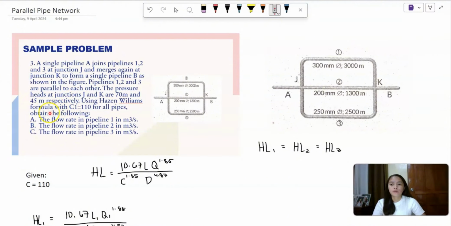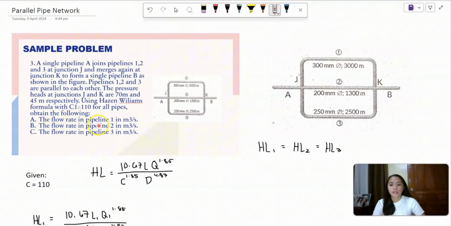So using Hazen-Williams formula, with C1 equals to 110 for all pipes, obtain the following. We need first to get the flow rate in pipeline 1, second the flow rate in pipeline 2, and lastly the flow rate in pipeline 3 in cubic meter per second. So we have here the illustration. This is the pipeline 1, this is the pipeline 2, and this is the pipeline 3.